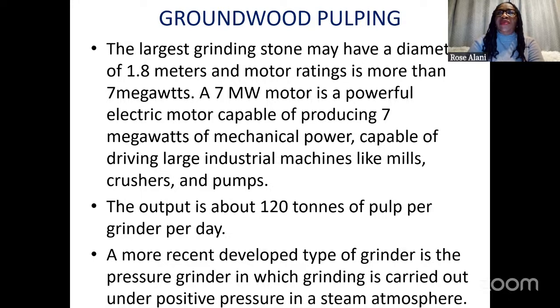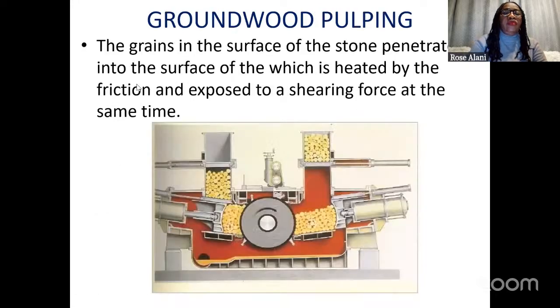So we'll see the refiner pulping method, which uses this pressure and then steam. Okay, so this is how it looks. The grains in the surface of the stone penetrate into the surface, which is heated by friction and exposed to the shearing force at the same time.